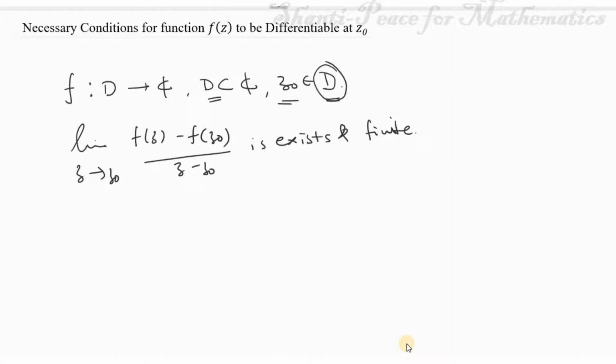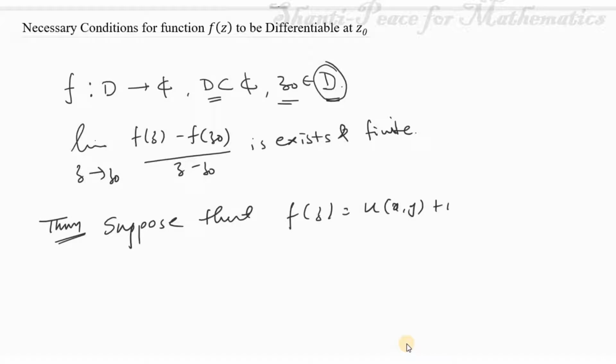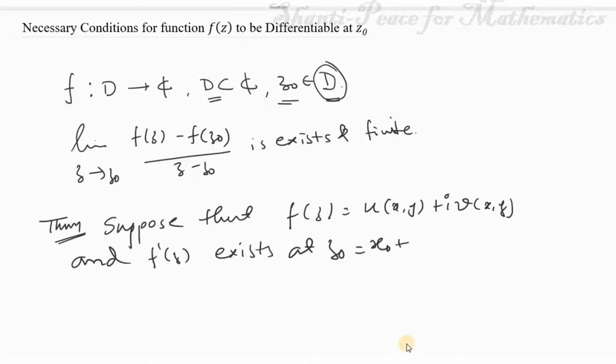Now today we will discuss the necessary condition for differentiability, which states, as a theorem: suppose that f of z equals u of x,y plus i v of x,y and f dash of z exists at z0, which is x0 plus i y0.